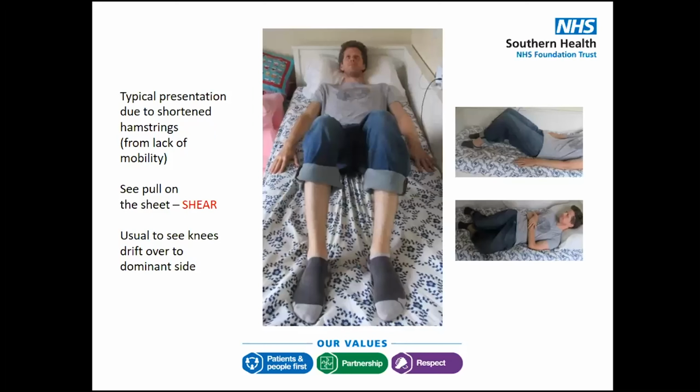This again is another typical presentation. It frequently happens when people become less mobile, and you then start getting shortening of the hamstrings, which I'm sure you will know insertion points are at hip and knee here. And this can be through lack of movement, but obviously it's a bit more complex than that.